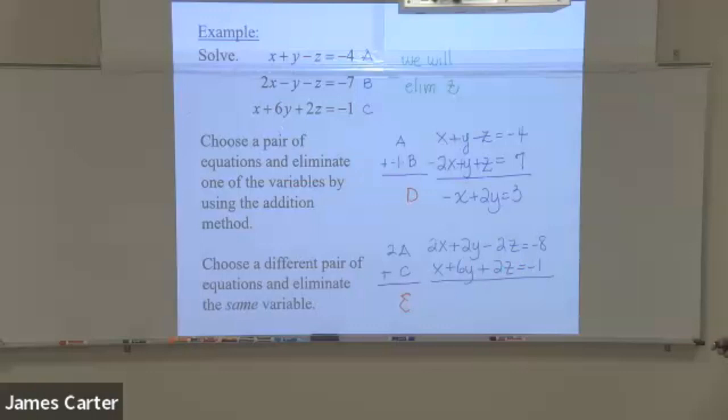The A equation this time, I multiplied everything by 2: 2x, 2y, -2z, -8. So I would have an opposite pair of z's again. I've got to eliminate the same variable.